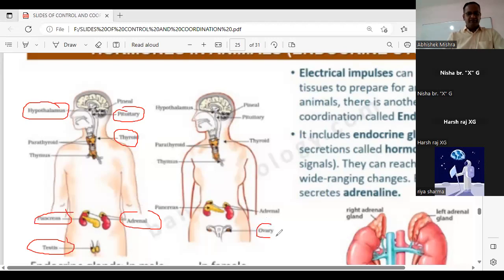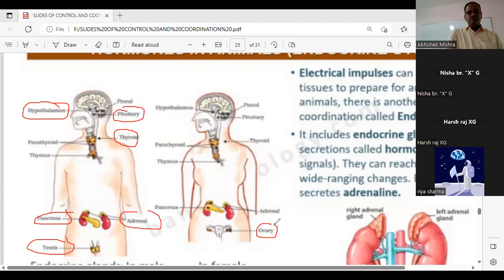That is 7 glands we have to study: their names, which hormones are secreted from them, and what their role is. These hormones are definitely secreted from the endocrine glands.